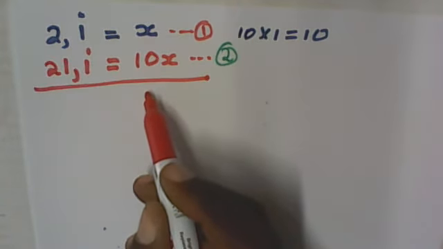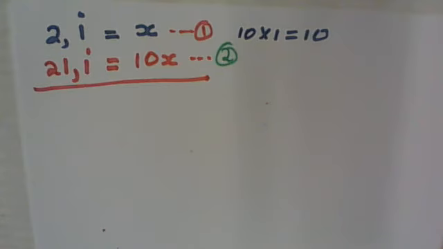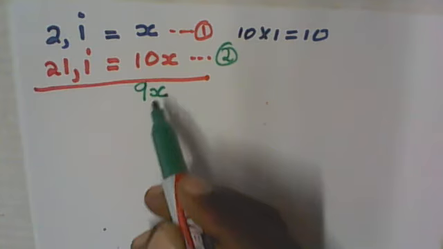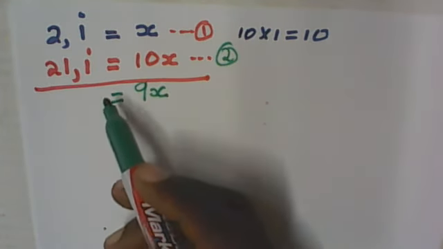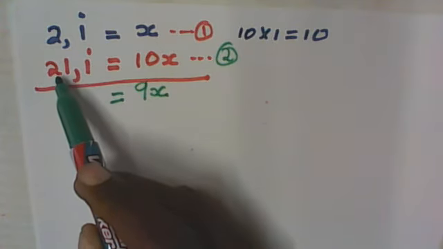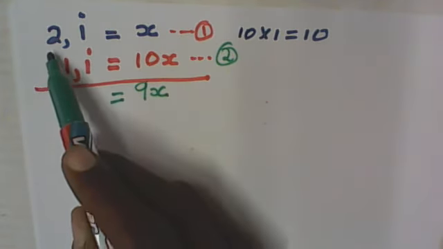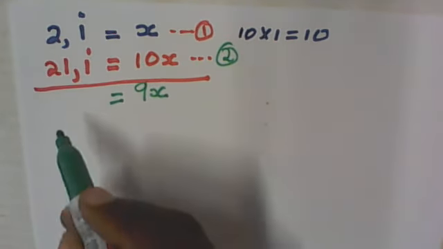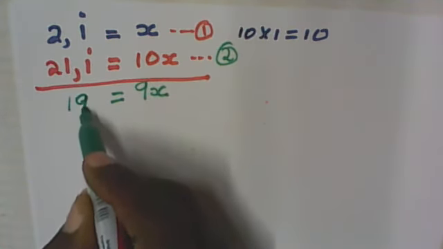That gives us 9x, and then equals 21.1 minus 2.1, which is 19.